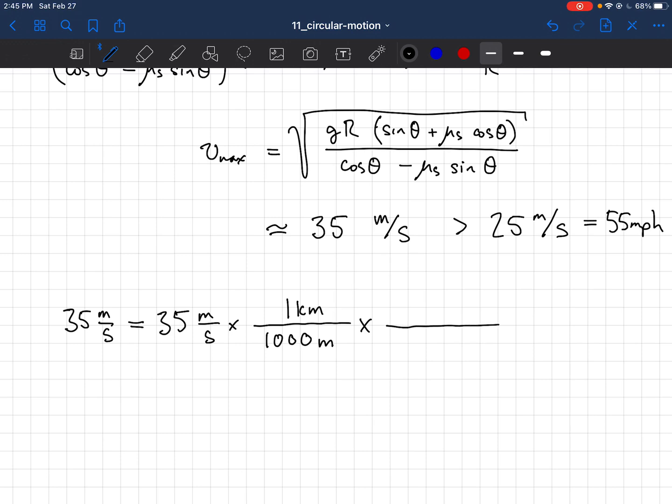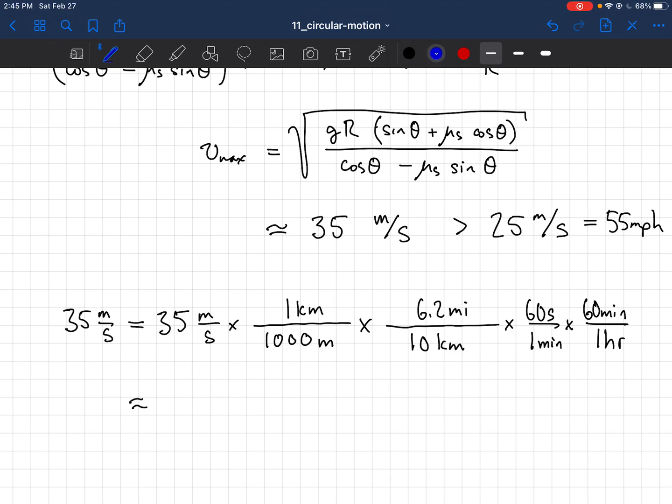And anybody who's ever run a road race knows that a 10K is equal to 6.2 miles. And then I need to convert the seconds, so we have 60 seconds in 1 minute and 60 minutes in 1 hour. When I multiply all that through, I should have miles per hour left over.